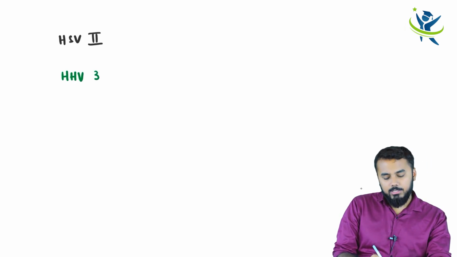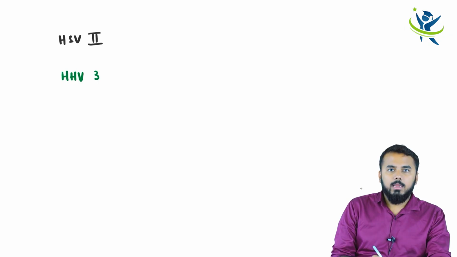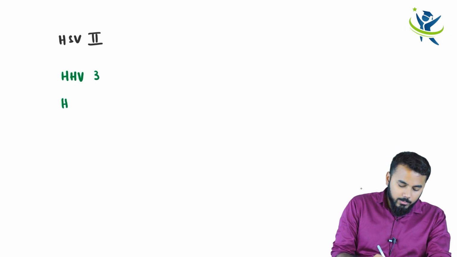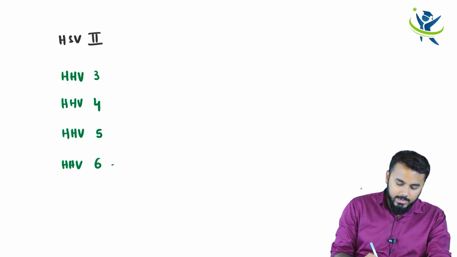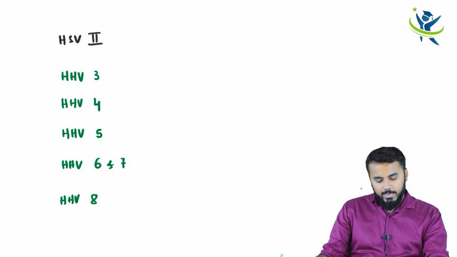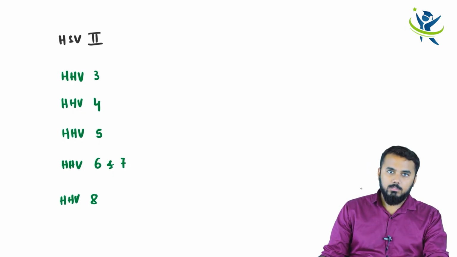Each herpes virus is known to cause a different disease. Human herpes virus 4, human herpes virus 5, human herpes virus 6 and 7, human herpes virus 8. So we have got 8 different types of herpes virus, right?